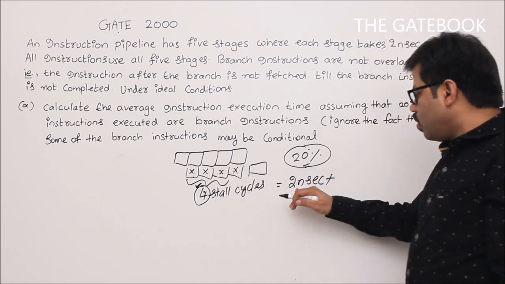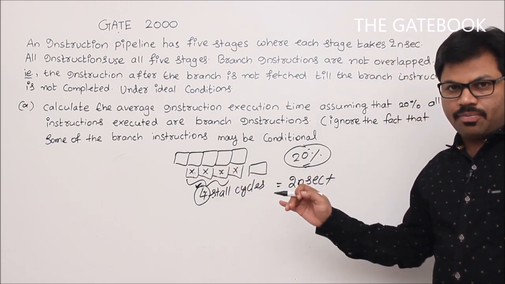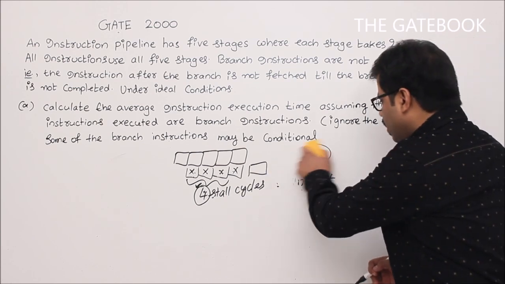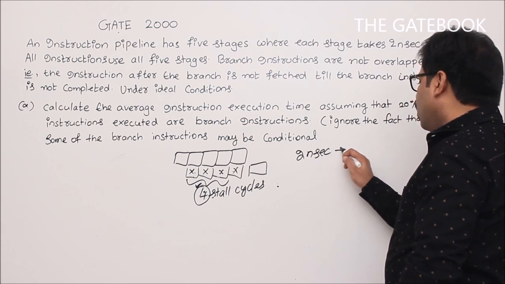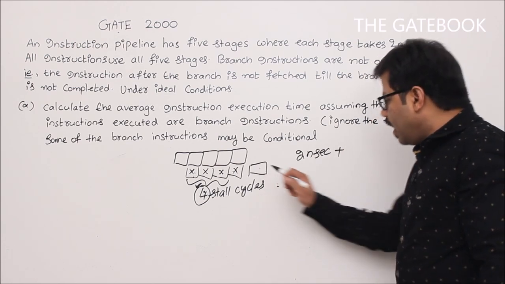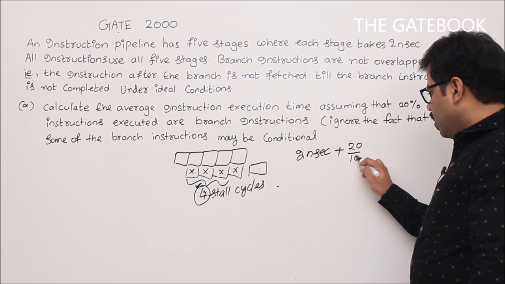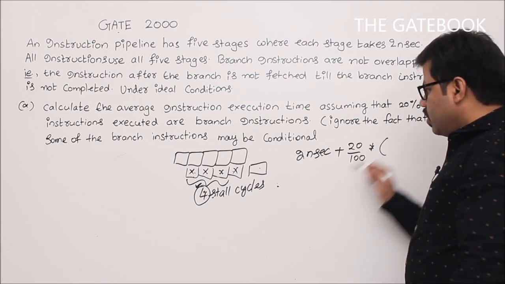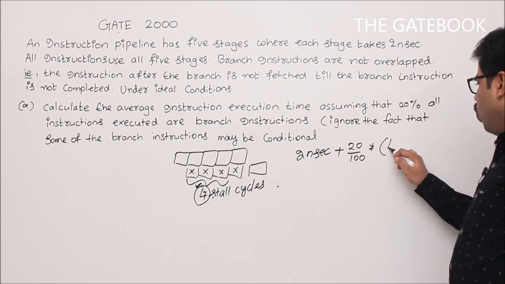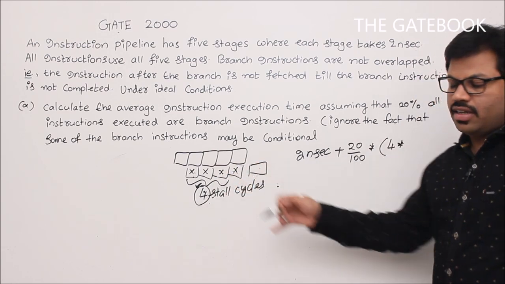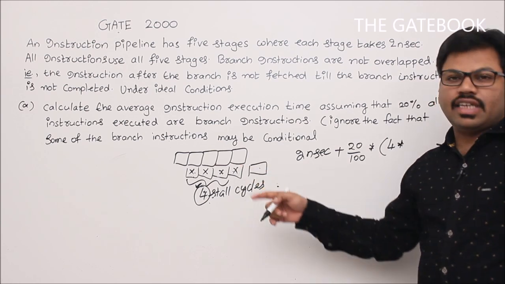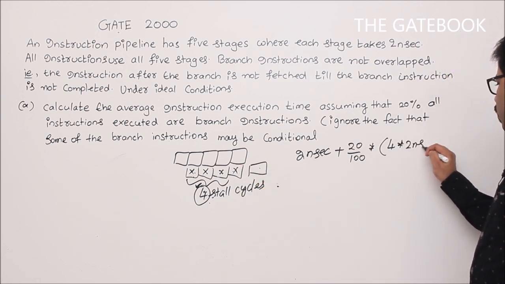Apart from that, they are also creating 2 nanoseconds delay. Understand? So everyone will create 2 nanoseconds delay, but apart from that, these branch instructions, which are 20%, will create extra delay, which is nothing but 4 stall cycles. 4 into stall cycle value; stall means 1 stage delay, right? Each stall cycle is 1 stage delay. 1 stage delay is 2 nanoseconds, correct?